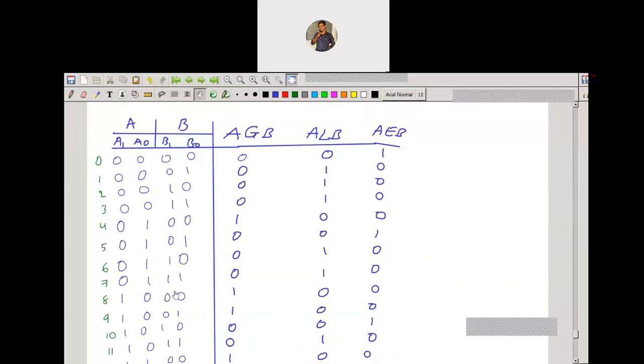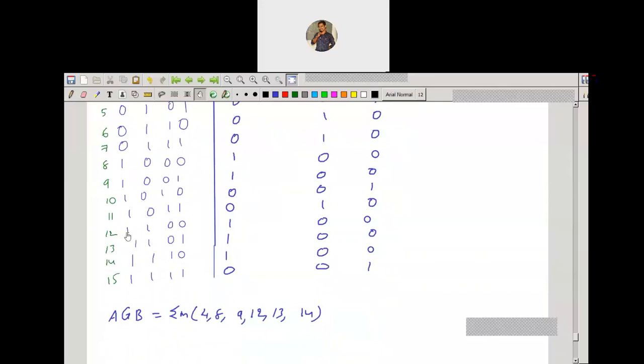Now come to the next possibility, the decimal 14. Here A1 is more than the B1. If you observe this logic, I'm writing that expression here.